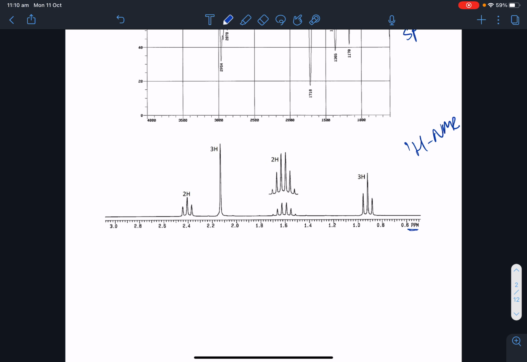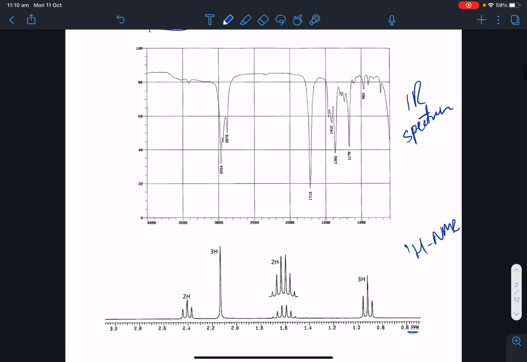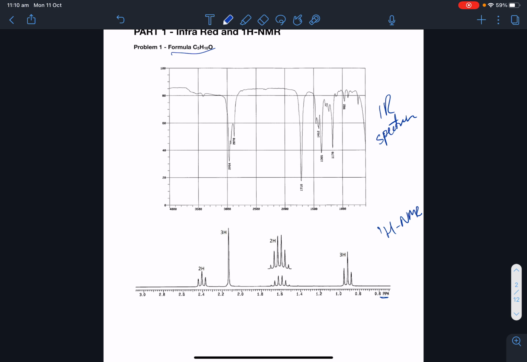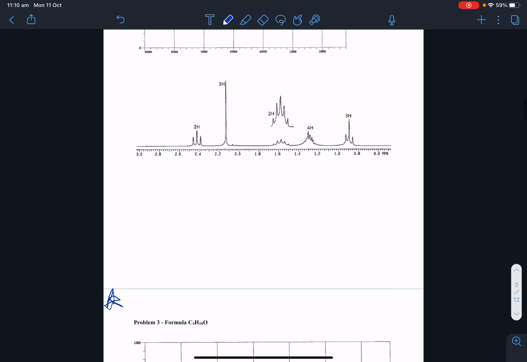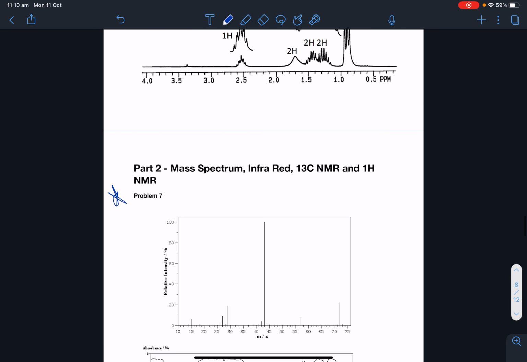Remember, the chemical shift on carbons ends up being much larger. For the first set, each page deals with one molecule, with a molecular formula, an IR spectrum, and a proton NMR. There are several of those, but we're only going to do a couple of them together.